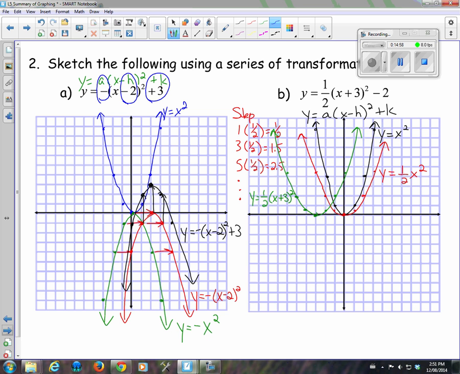Last number is the -2. So -2 is my k number, and my k number moves it up or down exactly what I think. So I'm going to take all my points and move them down 2. So I start in the center, come down 2. Down 2.